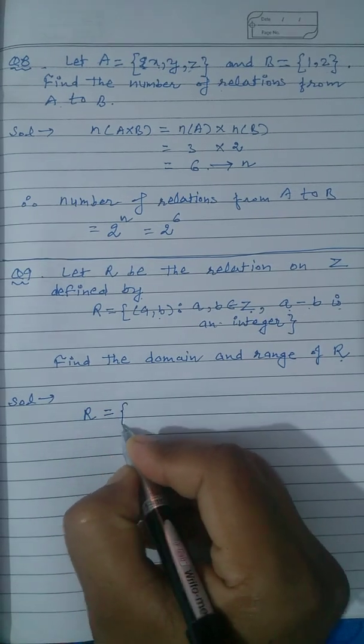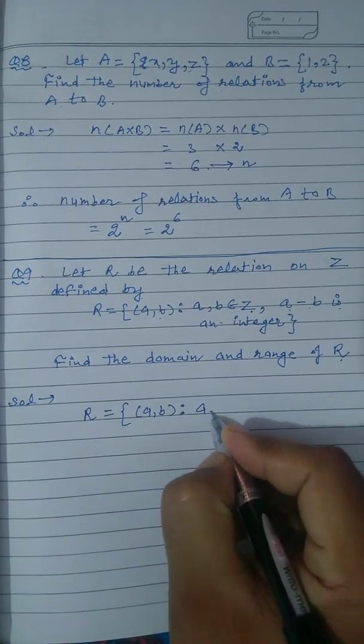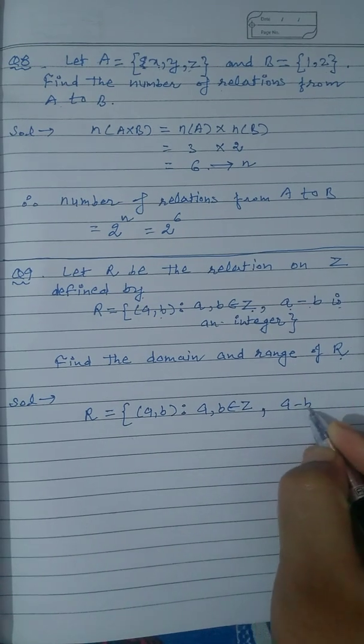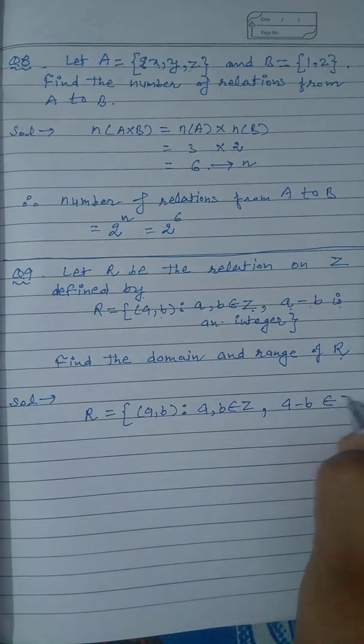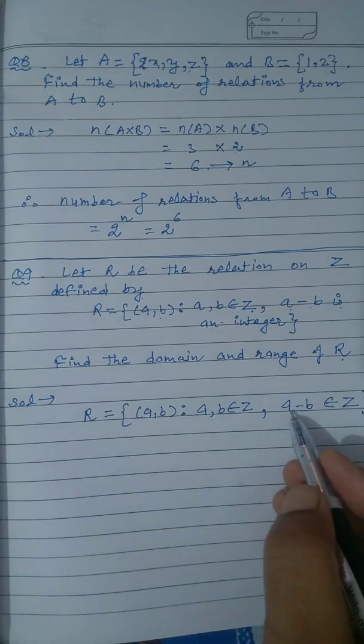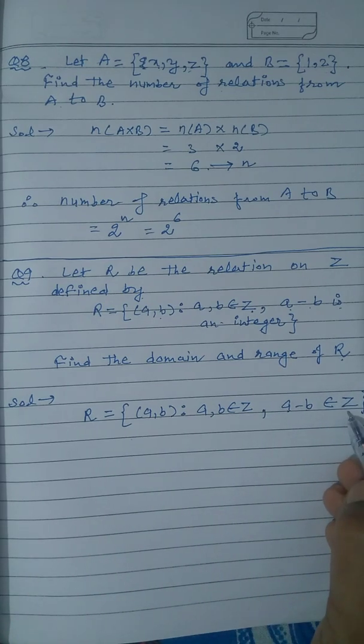This is the ordered pair (a, b) such that a comma b belongs to Z. Moreover, a minus b belongs to Z. So we know that difference of all the integers is again an integer.